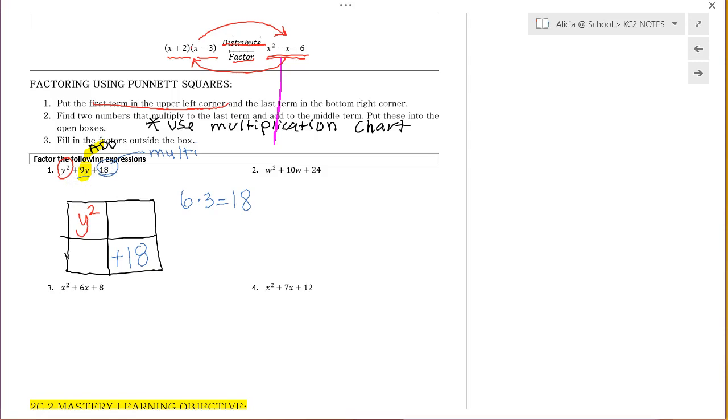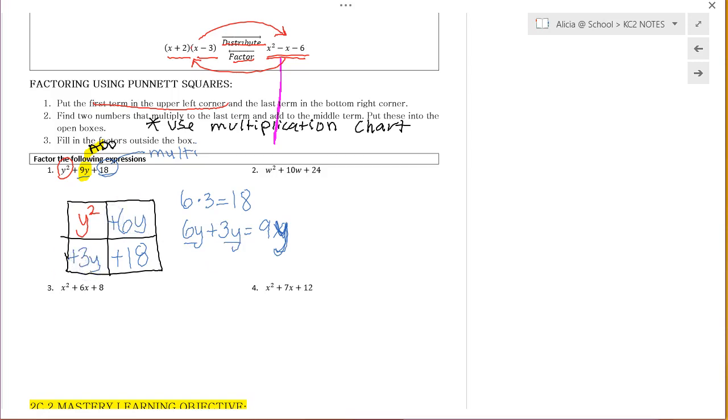So that's why I'm going to have 6y plus 3y equal to 9y. All right, so these two terms are going to be the terms that I put into my box. I'm going to have a positive 6y and a positive 3y.